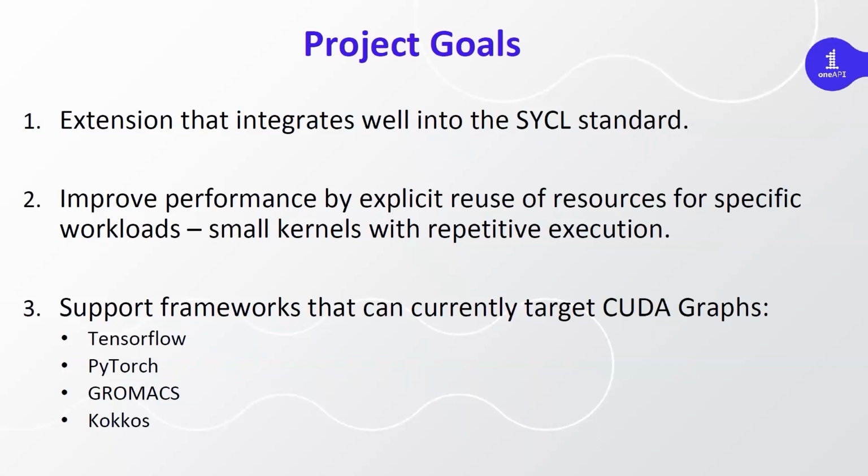We also want to improve performance, of course, in particular for workloads that have small kernels and repetitive executions, because for repetitive executions you're saving more in those command construction costs, and for small kernels, because then you'll tend to see the biggest benefit from the overhead savings. If you've got very long-running kernels, those are always going to dominate the performance of your application, regardless of how much you optimize away the scheduling.